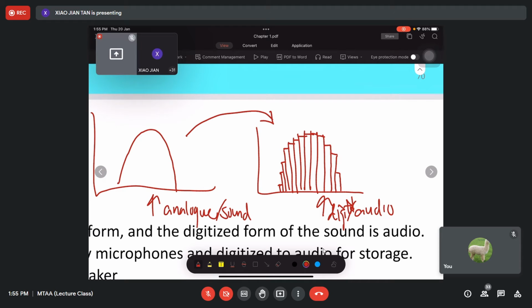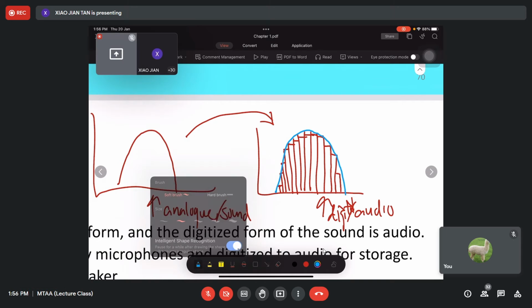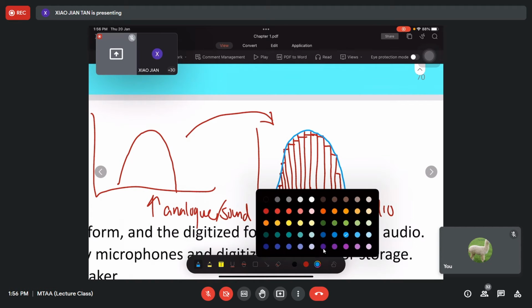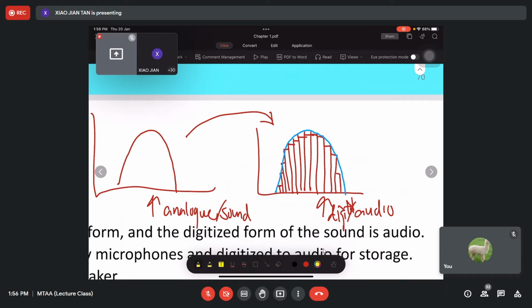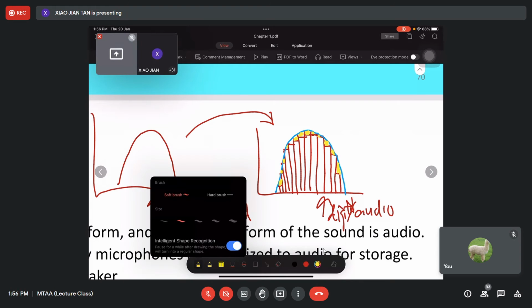When you compare with the original analog signal, you would expect to lose data somewhere around here. This gap, all these gaps, are the data that you already lost. Although the loss is very minimal, there is still a loss.